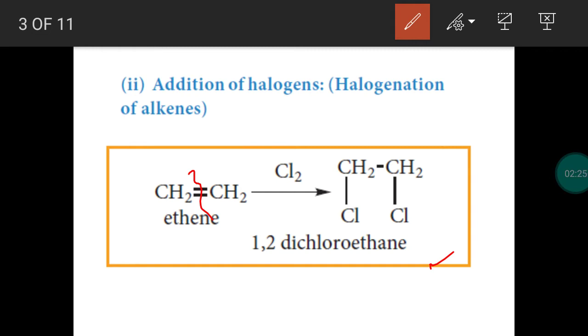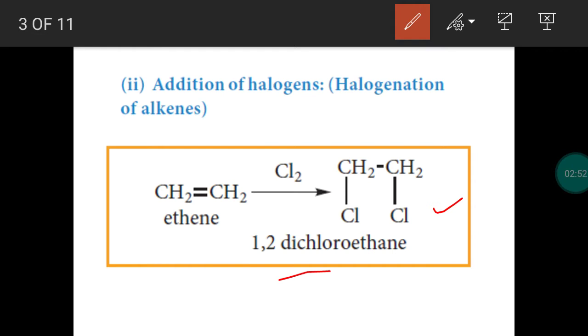Last class I told you, two halogen atoms attached to adjacent carbon atoms we call vicinal dihalides. If two halogen atoms are attached to the same carbon atom, it is a gem dihalide. If we take ethene or ethylene and add chlorine, we get ethylene dichloride, the common name; the IUPAC name is 1,2-dichloroethane.